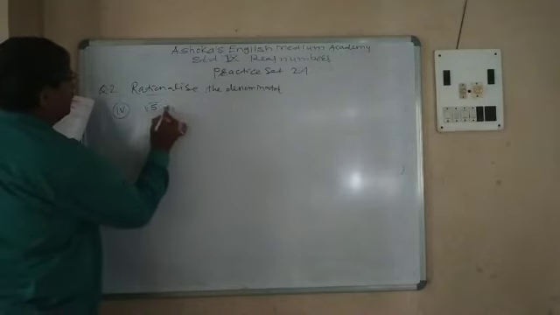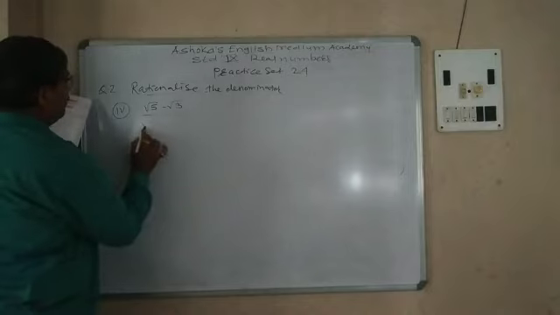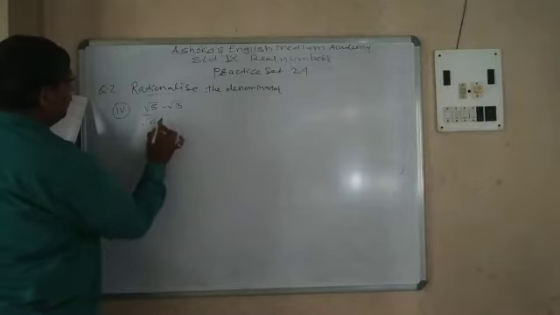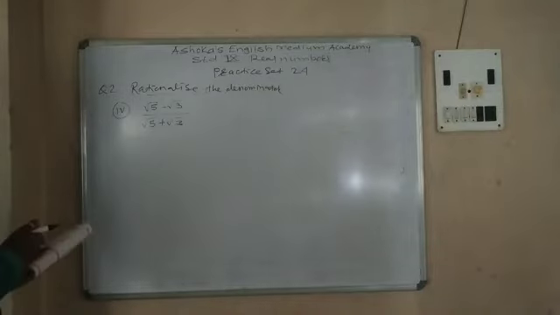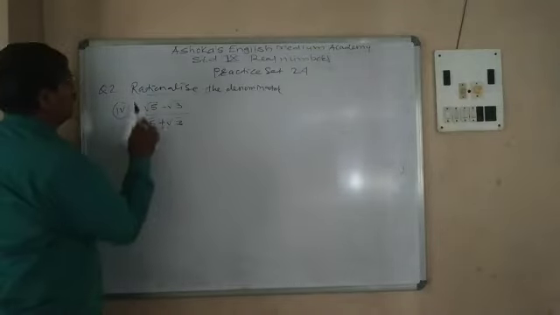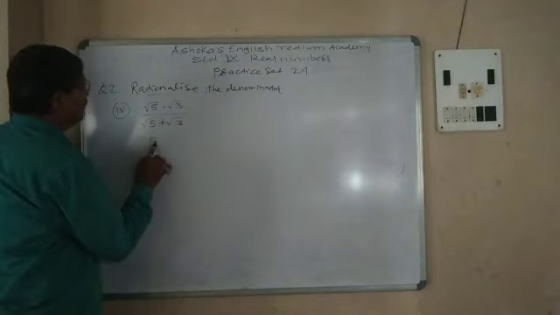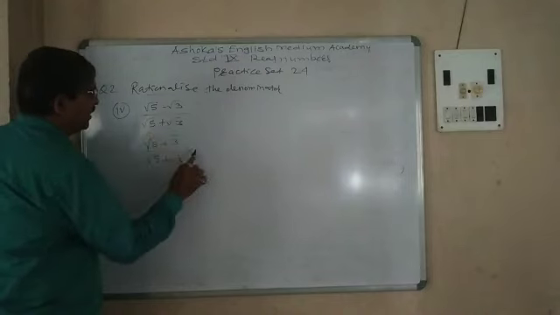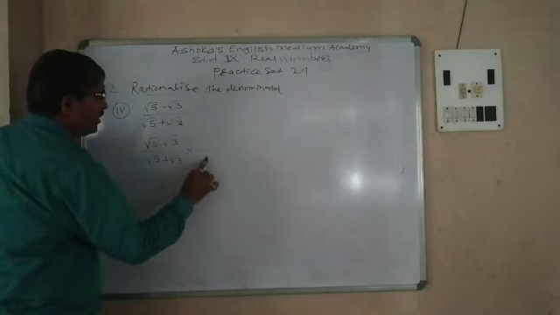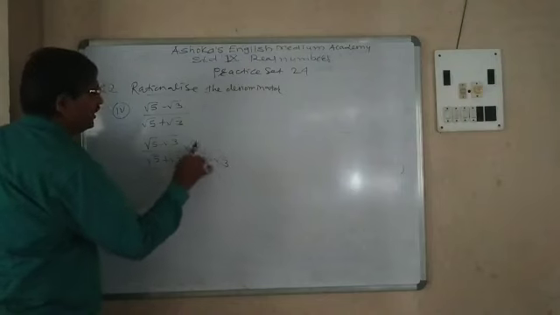Root 5 minus root 3 upon root 5 plus root 3 is given. So what will you do in case of this? Take the conjugate of the denominator to rationalize the denominator. So multiply by root 5 minus root 3 in numerator and denominator.